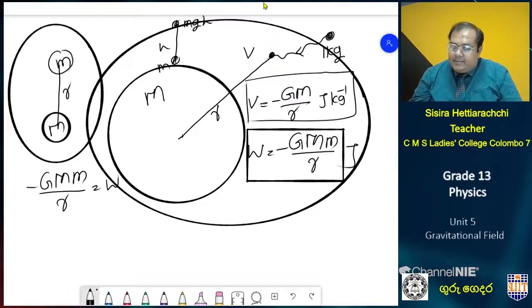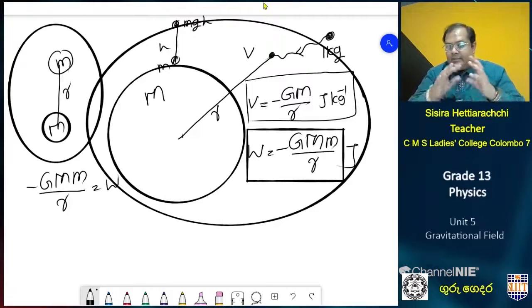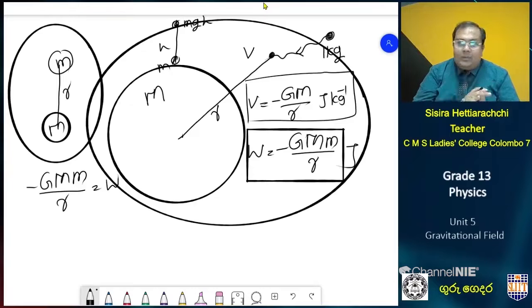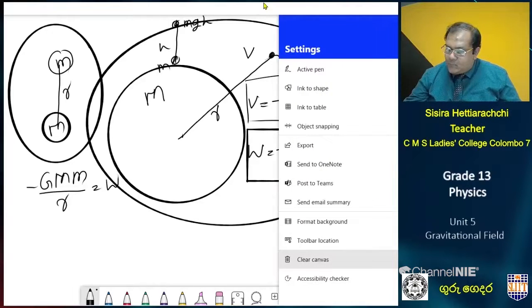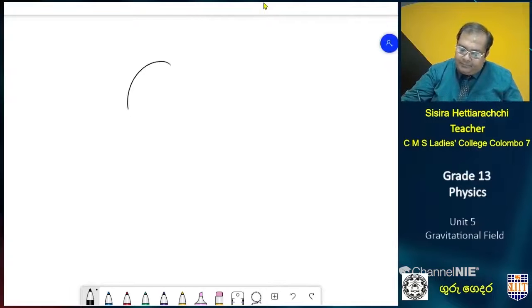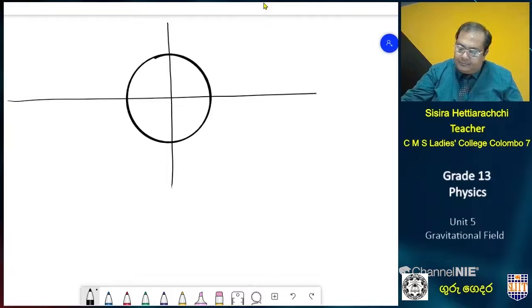Then this is the total energy. We can plot the potential variation around this planet or object, with x-axis and y-axis. I'm going to draw potential here.